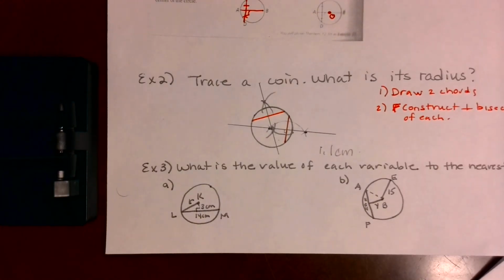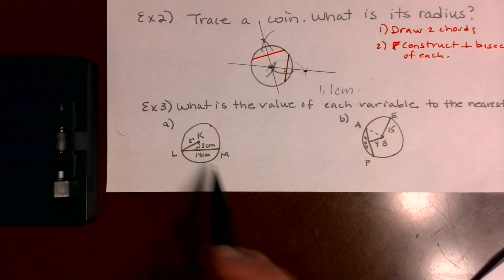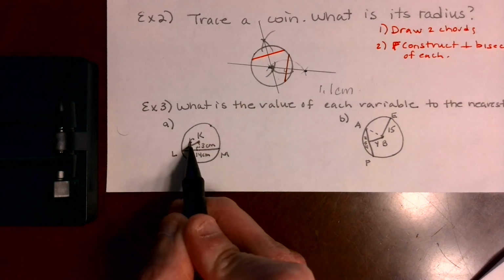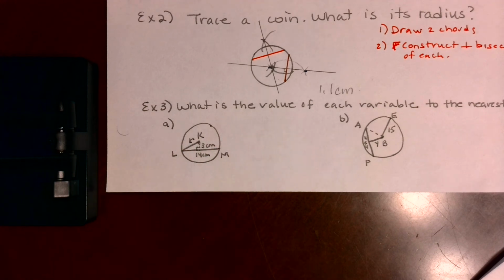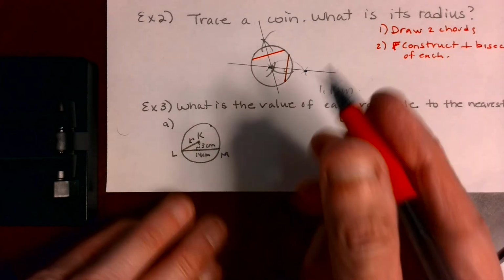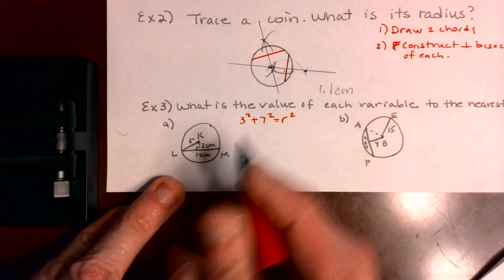All right, and lastly, what is the value of each variable to the nearest tenth? So we got this one picture here, and this is R, by the way. It's hard to kind of read that, but that's R. This little piece here is 3 centimeters, and the whole bottom is 14. So what would we need to do to figure out that R? That's right, Pythagorean theorem. 3 squared plus 7 squared equals R squared. Everybody got that?